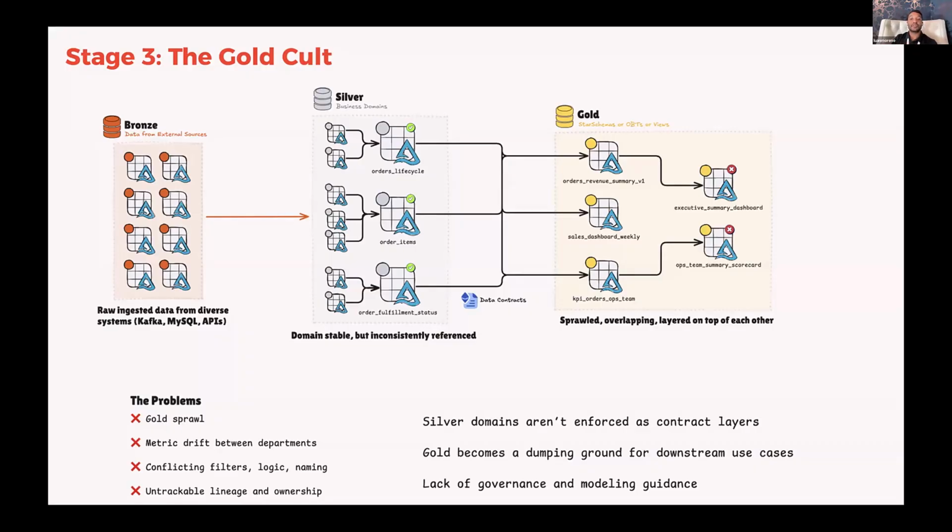But unfortunately, you start to deviate a little bit from the architecture and the design per se, because now we have golds, and golds mean something truly specific for a specific use case and need. And now you just have upstreams connecting that unfortunately are being computed by other gold tables. And that's a huge issue because if, for example, the orders revenue summary V1 changes because a specific domain needs a new column or needs different transformations, or even you're going to have a new version of the table with different schema information, that might break your downstream resources.